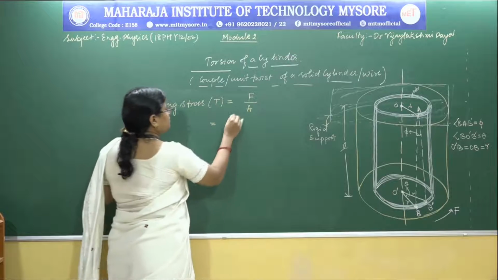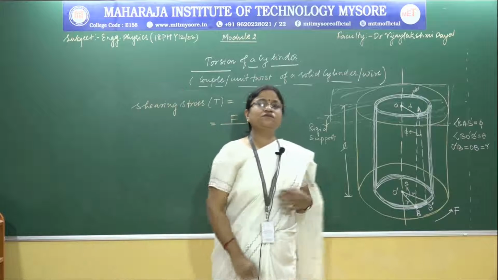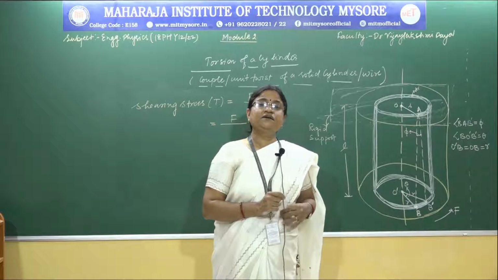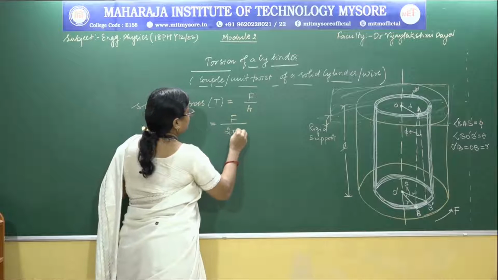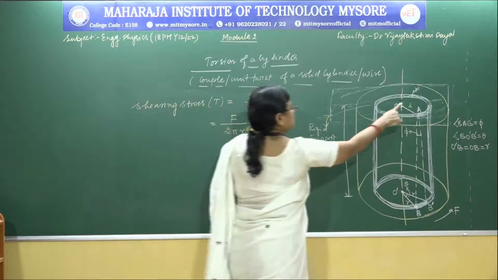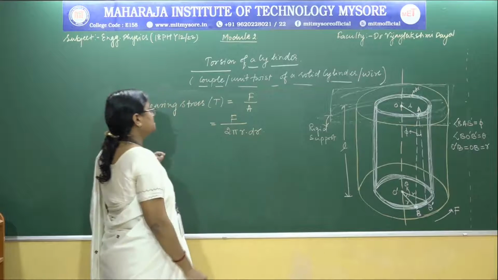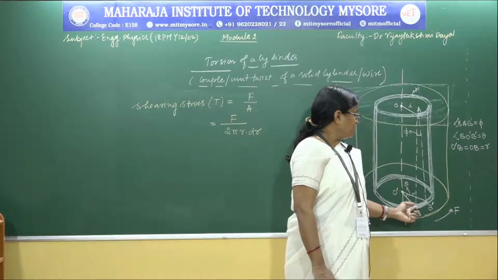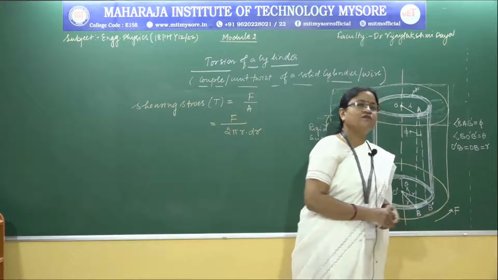So it will be the force divided by the area of a ring, which is the circumference into the width, that is 2 pi r into dr. So it will be 2 pi r into the distance between the two cylindrical structures, dr. And phi is the change in the angle when B shifts to B dash on the application of force.